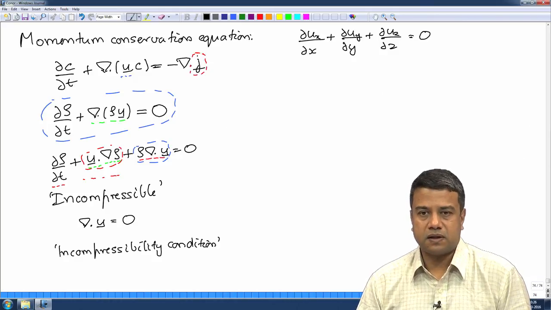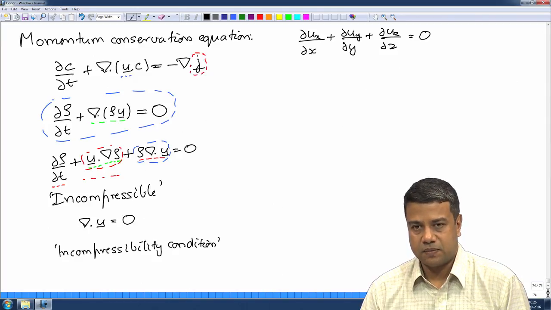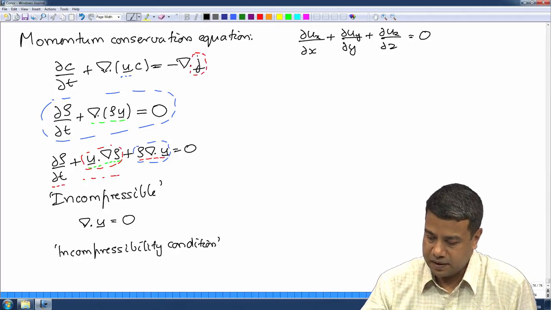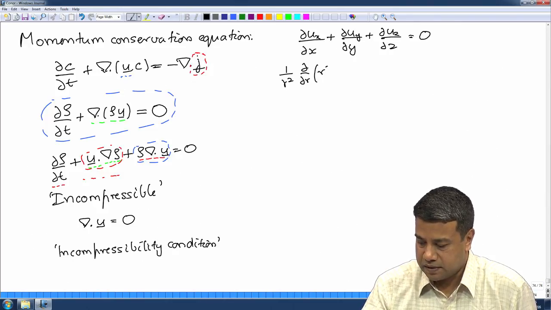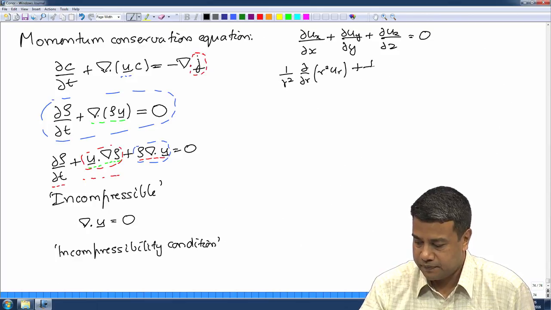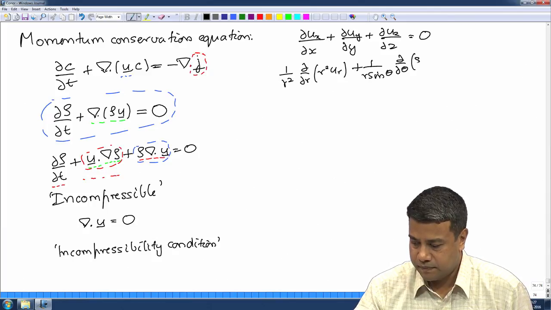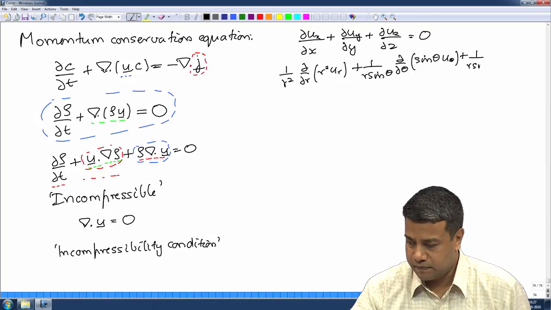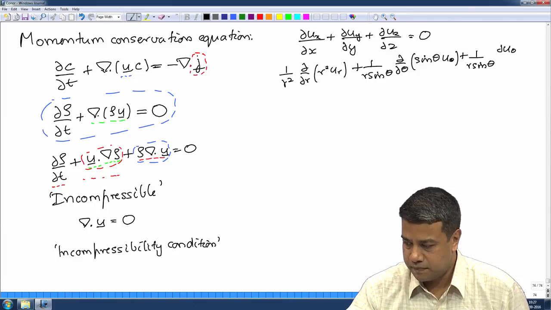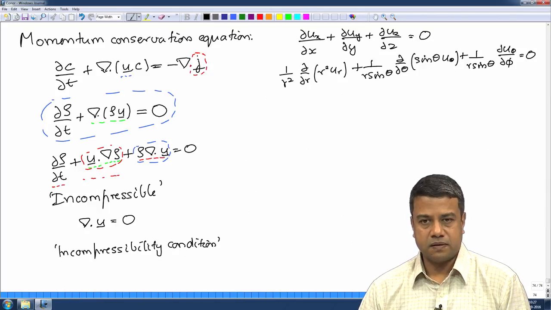In a spherical coordinate system, this is slightly more complicated, as we had seen in the previous lecture when we derived a conservation equation in a spherical coordinate system. It becomes of the type 1 by r square d by dr of r square ur and so on.